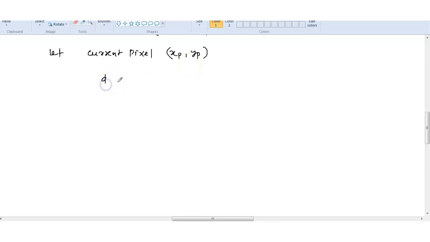So d old we can write as d of m, f of m, which is f of xp plus 1 and yp minus half, like a center as we have done in the circle.